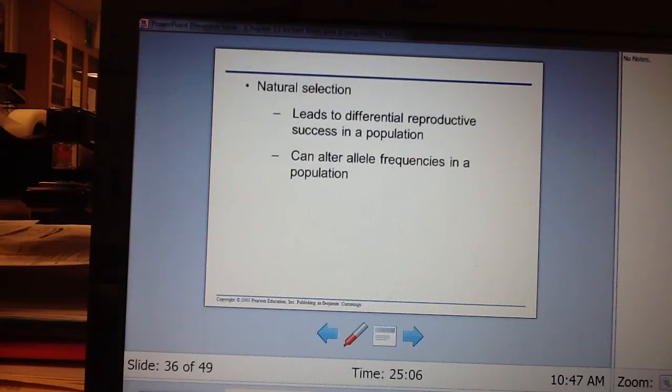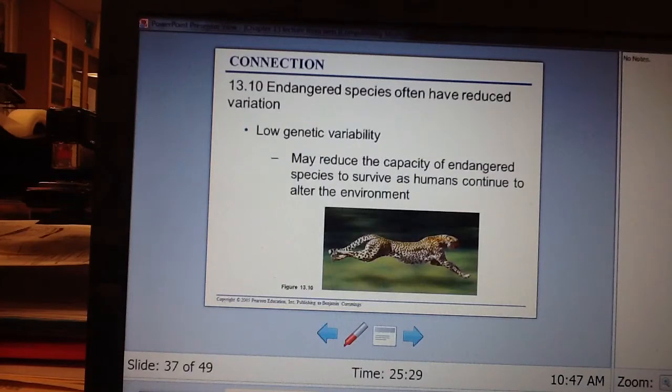These individuals that come in or out of a population are the individuals that found a population. The environment they live in is going to give them differential reproductive success. Some of them are going to have traits that allow them to be more reproductively successful, which in turn allows their genes to show up more often generation after generation.